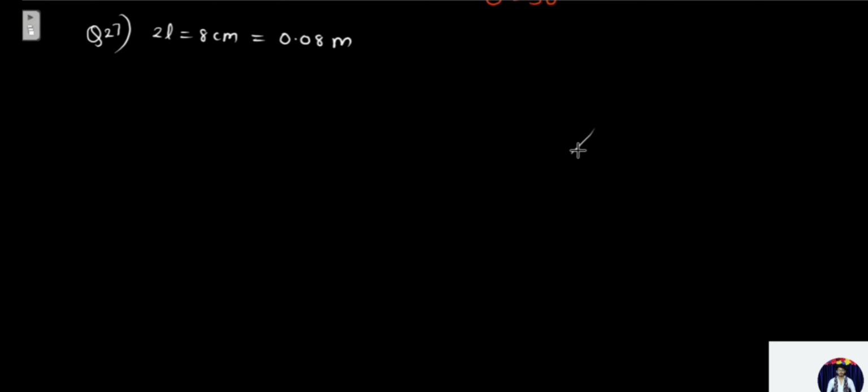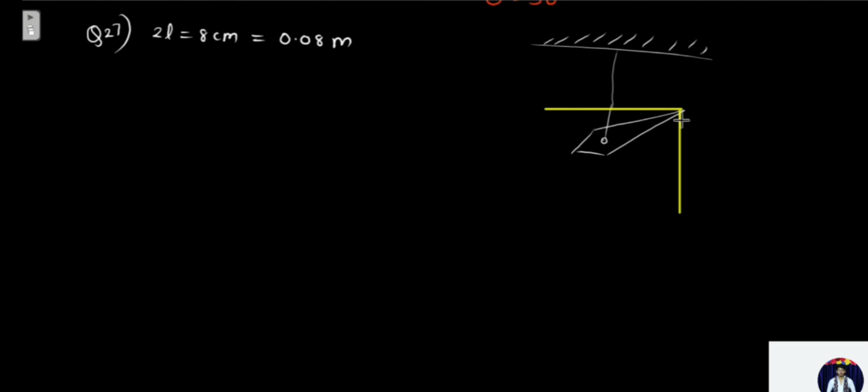So it is suspended something like this, maybe from a fixed support, and this is going to be your horizontal component at this point. This is going to be your vertical component, and this is going to be your total magnetic field.